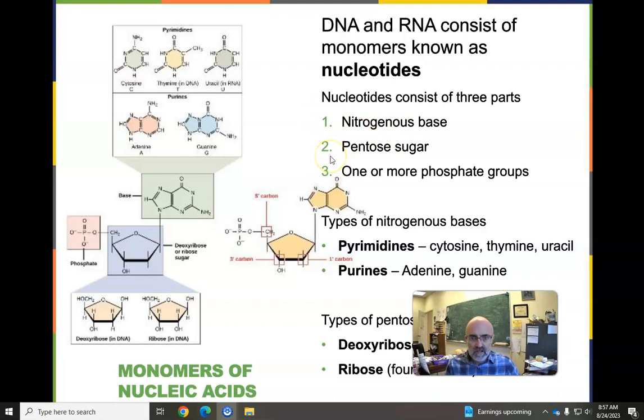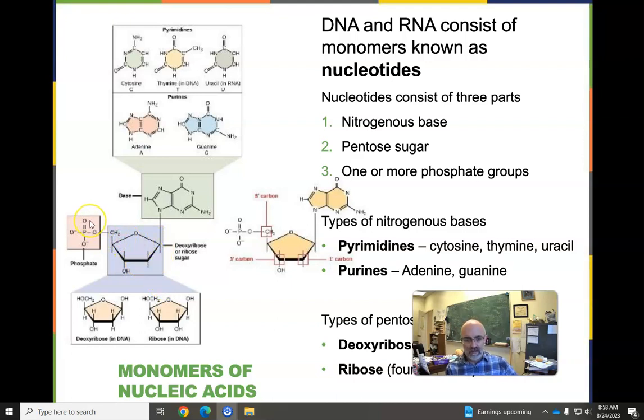Nitrogenous base: here are the bases at the top, the A's, C's, T's, G's, and U's. Those are attached to a pentose sugar, five carbons.